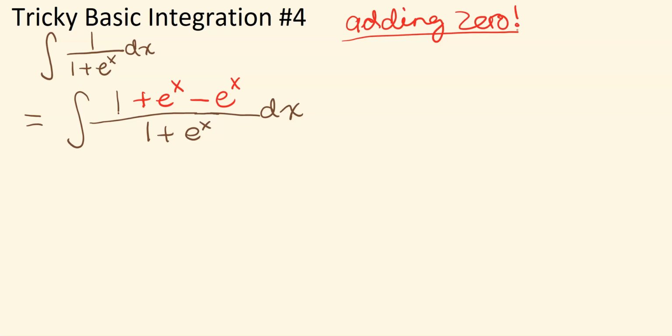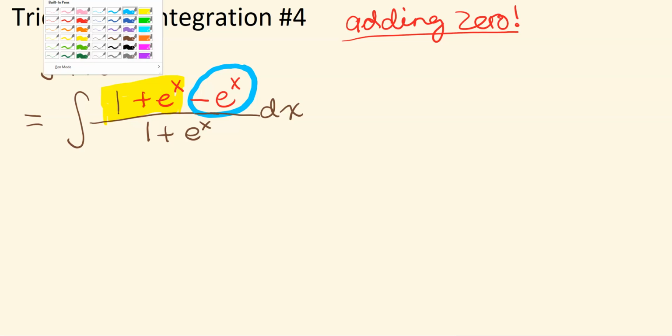Now, why did I want to do that? I want to do that because look at this part right here. I'm going to consider this as one term, and then the other is another term right here. Okay, so I'm going to split the fractions now.